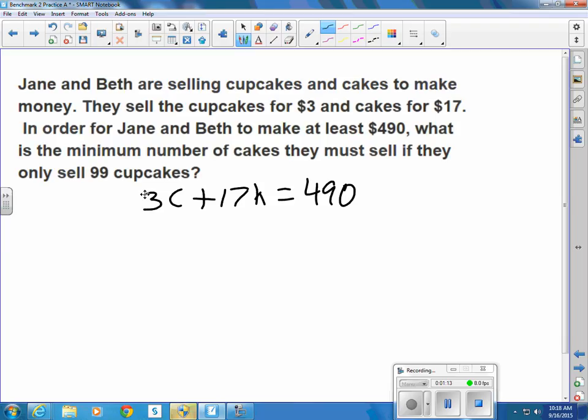And I know that I've made 99 cupcakes, so 3 times 99 plus 17 times the number of cakes equals 490.